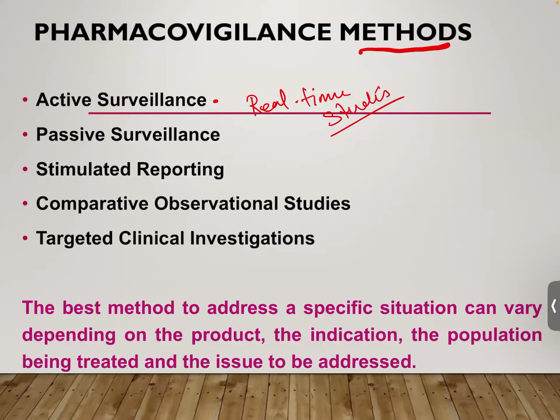Comparative observational studies: old drug versus new drug comparison. Targeted clinical investigation: a special study designed on a particular clinic. So the method can vary depending on the product, the indication, even the population.